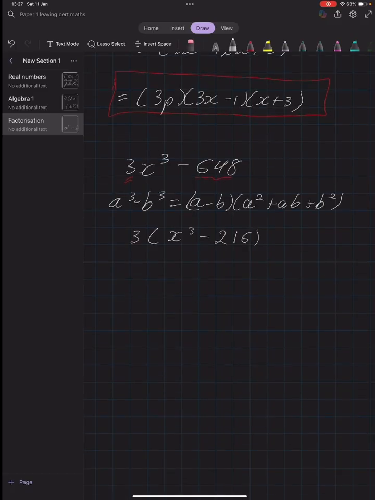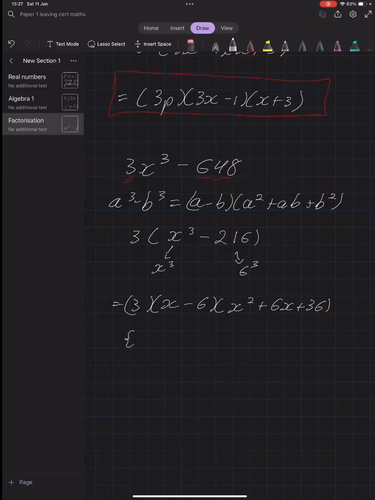So you get this. Now you can use your formula. Why? Because this is just x cubed and this is 6 cubed. So now I can plug it into my formula and say this is equal to 3 times x minus 6, x squared plus 6x plus 36.